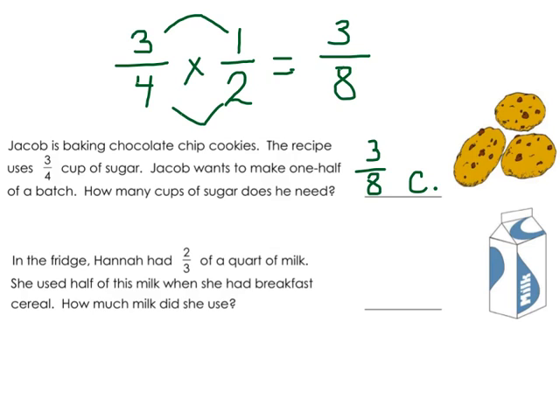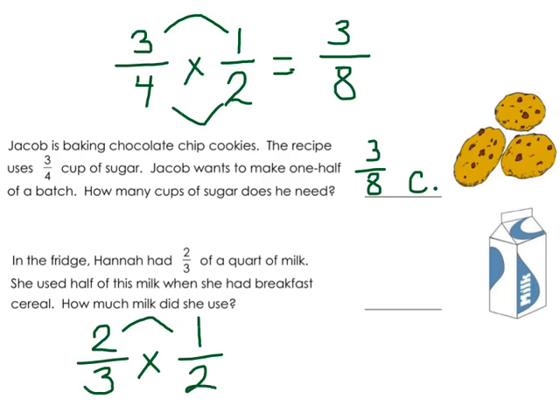In my next problem, in the fridge, Hannah had 2/3 of a quart of milk. And she used half of this milk when she had breakfast cereal. How much milk did she use? Well, she had 2/3, and she used half of that. The word of tells me to multiply, and I need a half of it.